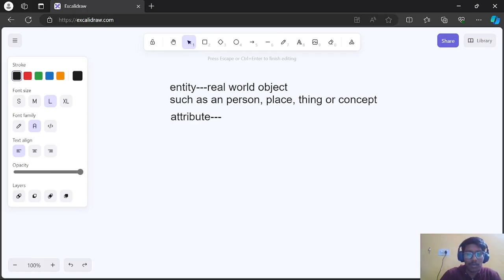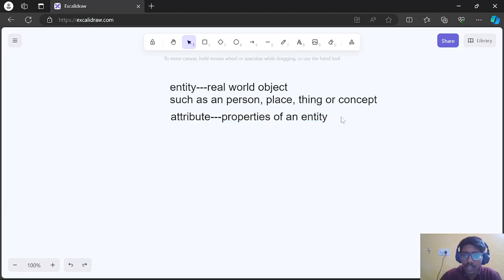An attribute is basically the properties of an entity. An attribute defines the properties of an entity.